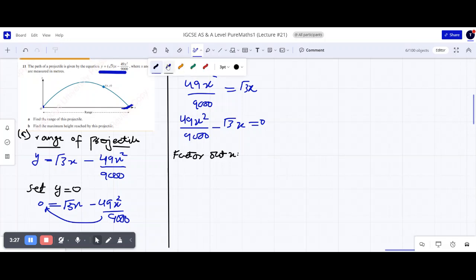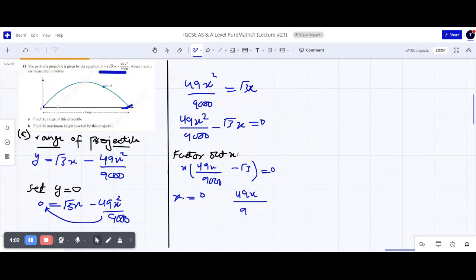So it would be x into, after taking the common, we put the bracket. What is left here is 49 x divided by 9,000 minus root 3 equals 0. So we set both terms separately equal to 0.